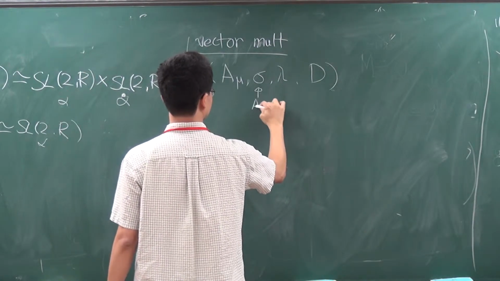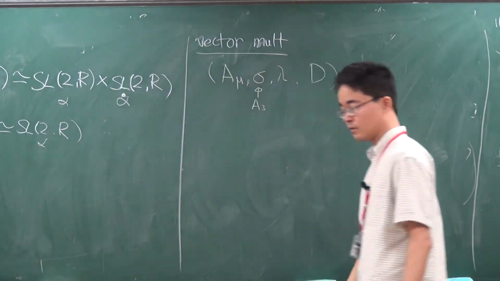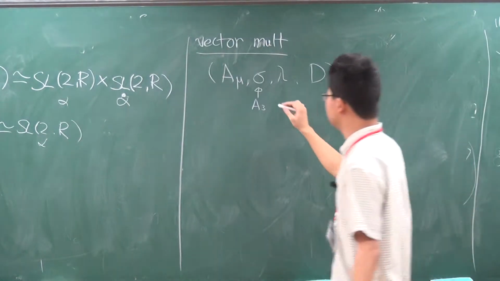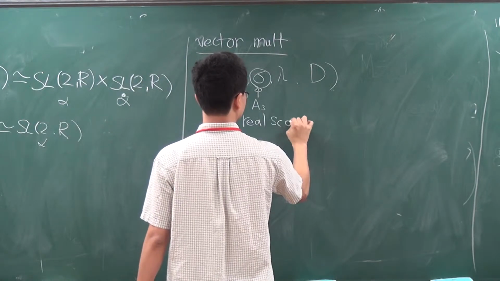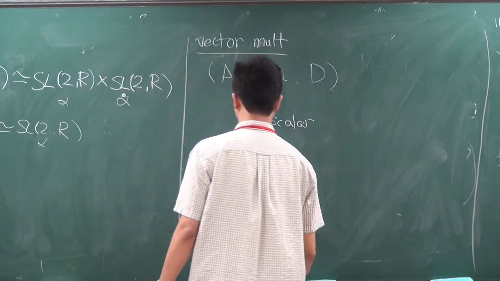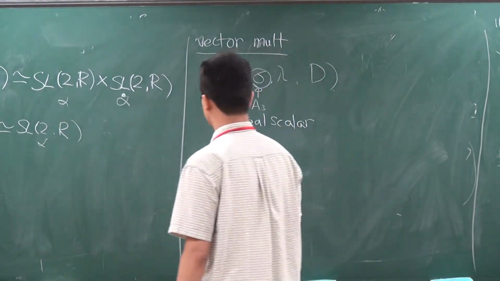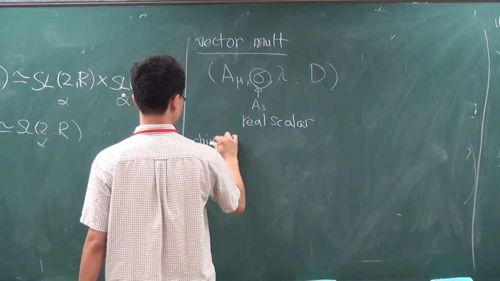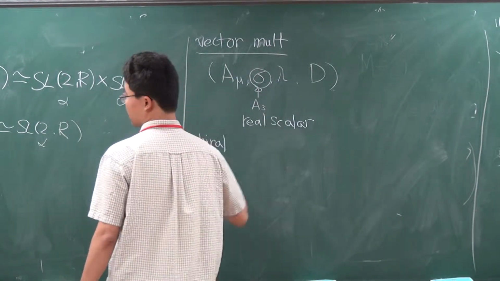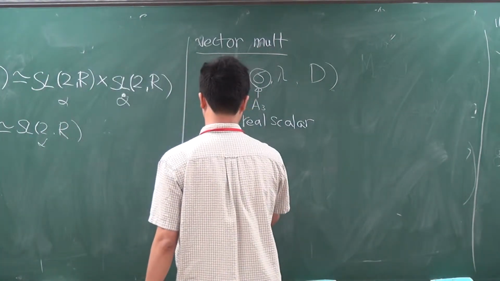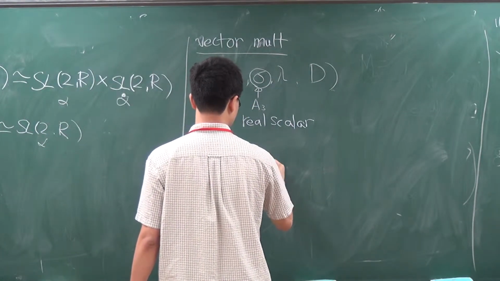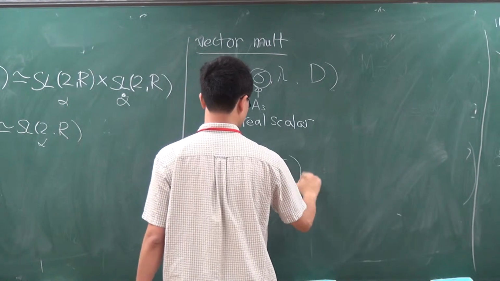If you write this with A3 in 4D, there is a real scalar sigma. And this is two Majorana fermions in 3 dimensions. And then the chiral multiplet, we have phi, psi, and so this doesn't change much.